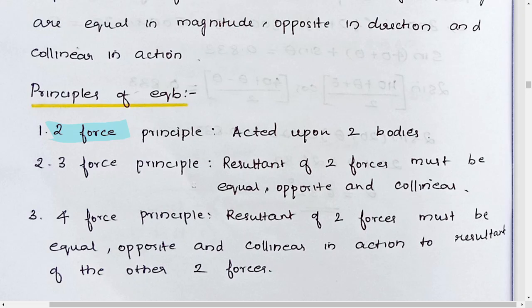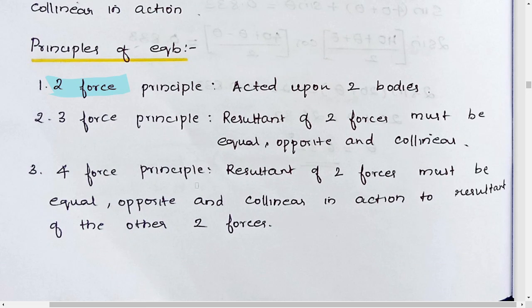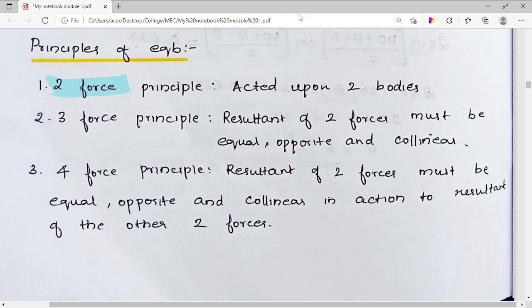Similarly, with three forces, the resultant of two forces must be equal, opposite and collinear to the third. And we have the four force principle. That means the resultant of two forces must be equal, opposite and collinear in action to the resultant of the other two. I'll show you an example.